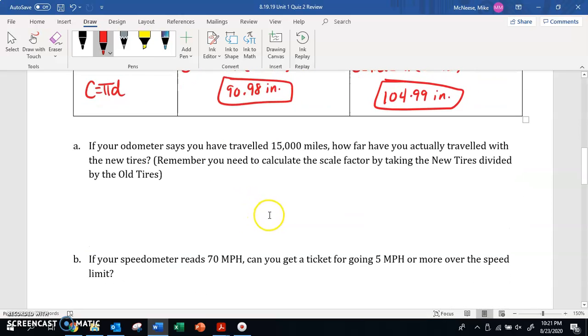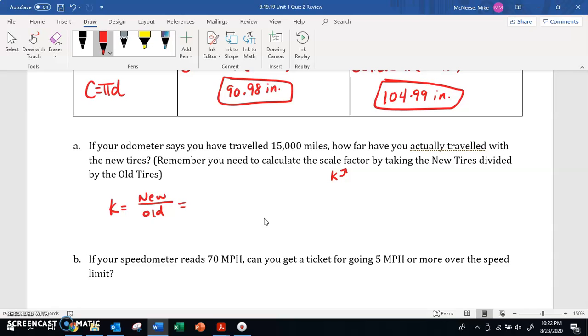In part A, it says, if your odometer says you have traveled 15,000 miles, how far have you actually traveled with the new tires? Remember, you need to calculate the scale factor by taking the new tires divided by the old tires. Scale factor we represent as a K. So K is equal to new tires divided by old tires.